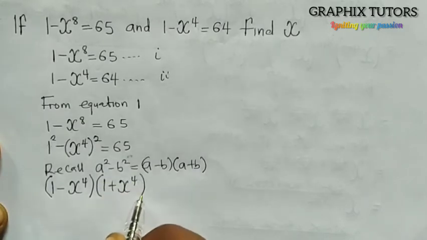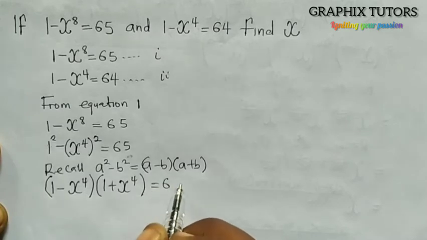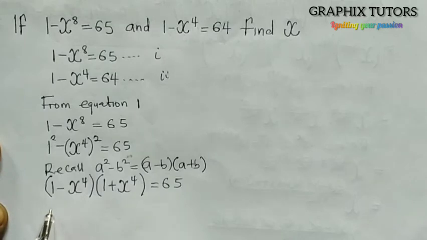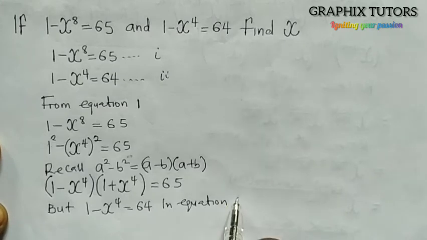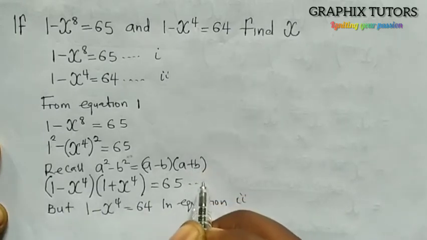So that is the difference here, equals 65. Now, 1 minus x to the power of 4 is equal to 64 in equation 2. So anyway, I see 1 minus x^4 here. Let me call this my equation 3 here.